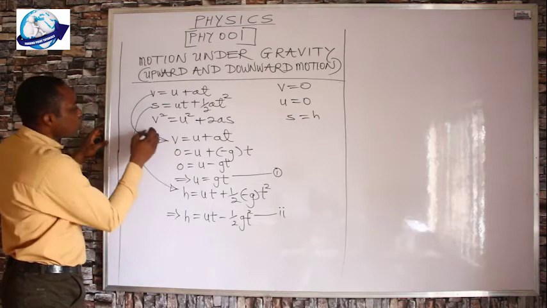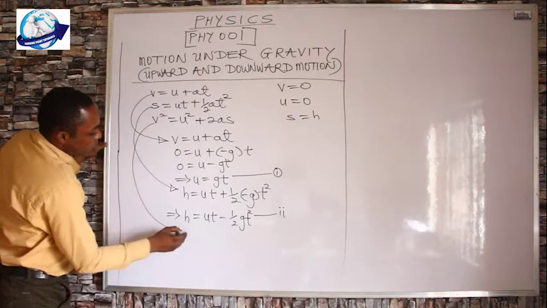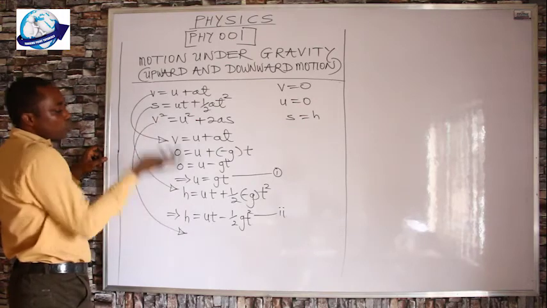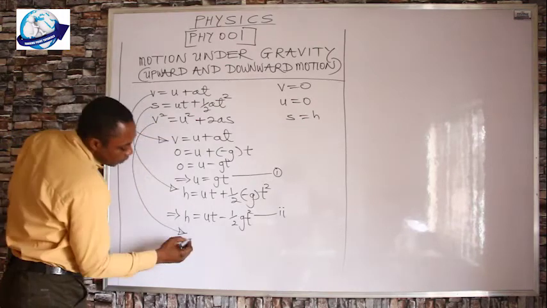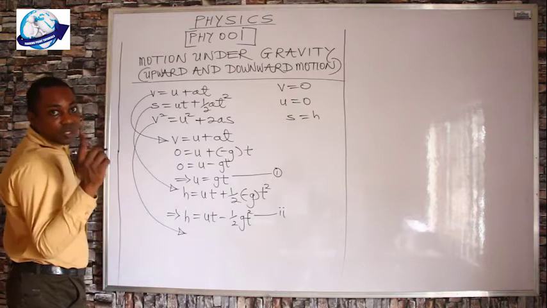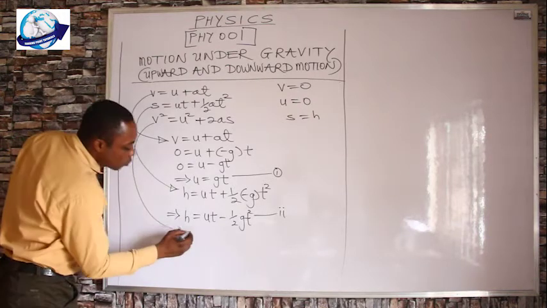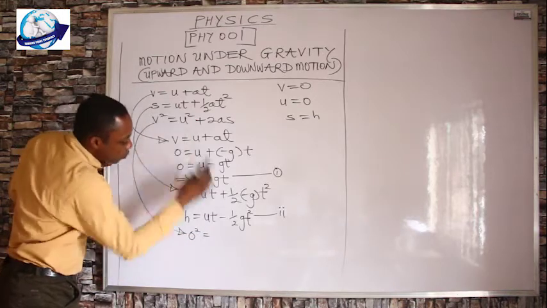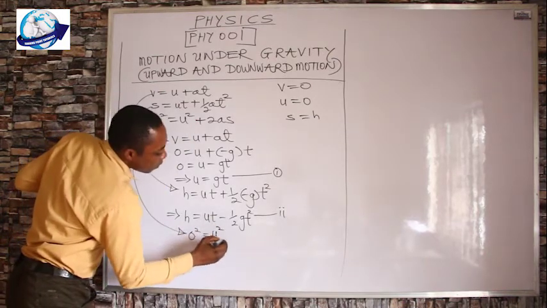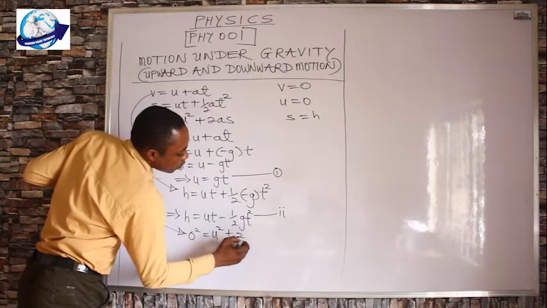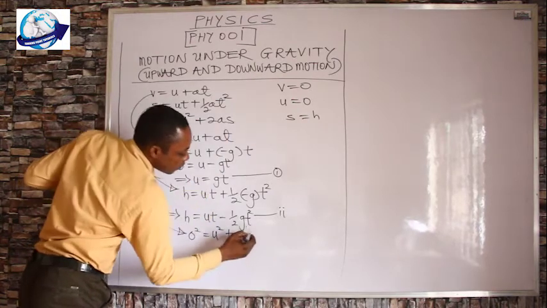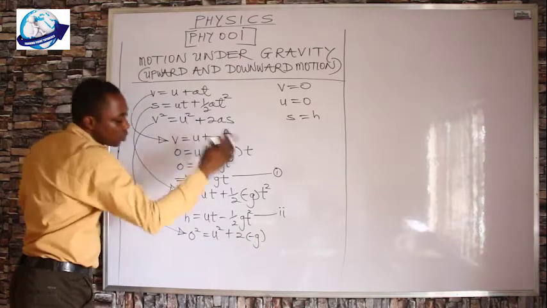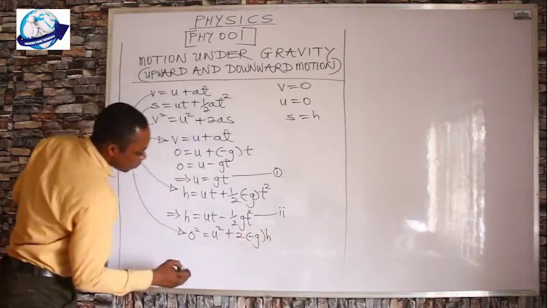Then for the third one, we can have it this way. The v is 0 because it's upward motion, thrown upward. v at the maximum height changes to 0. So we have 0 squared equals u squared plus 2, then the a is minus g, then the distance, which is h, the height above the ground.